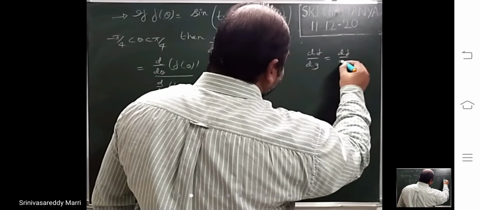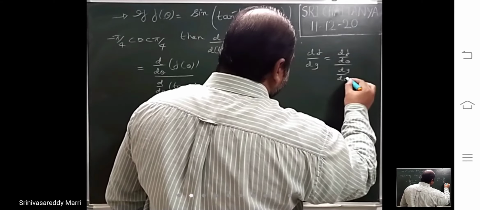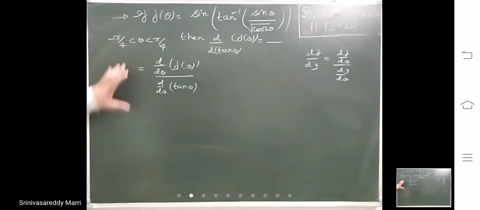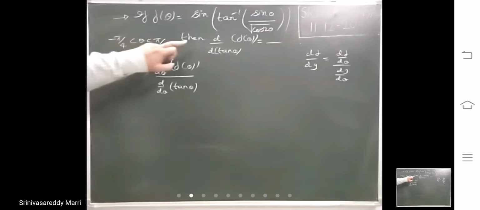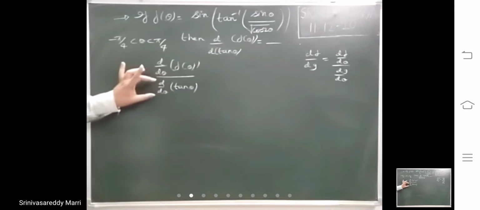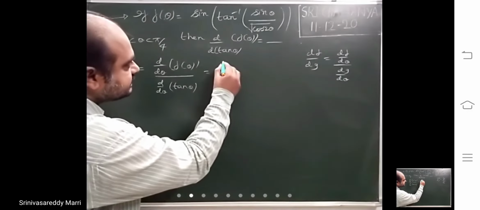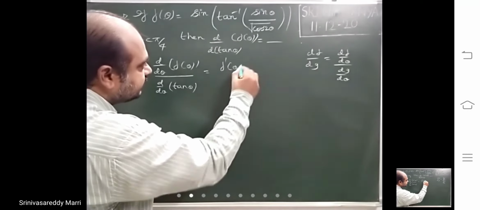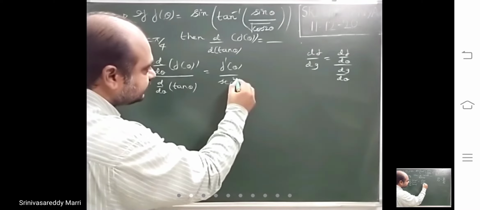derivative of f with respect to g is nothing but df by d theta divided by dg by d theta. That means derivative of numerator with respect to theta divided by derivative of denominator with respect to theta. That means this is nothing but f dash theta. We will calculate that, and this is nothing but secant square theta.